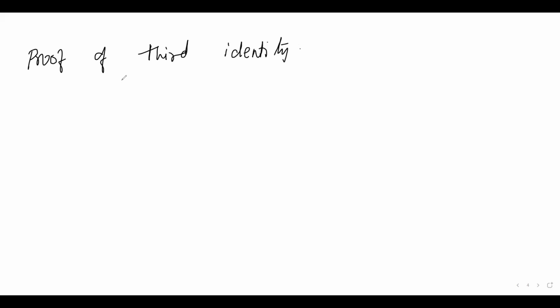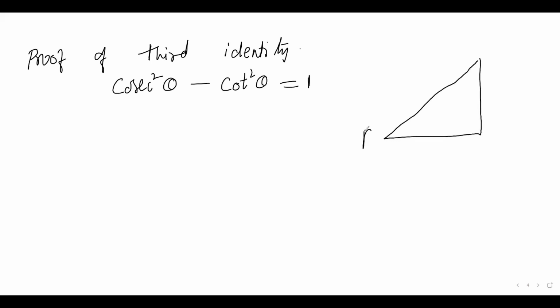The third identity is cosecant square theta minus cot square theta is equal to 1. Let us take a right angle triangle whose vertices are ABC. Right angle is at B, theta is at A, so adjacent, opposite, hypotenuse. Let us take left hand side.